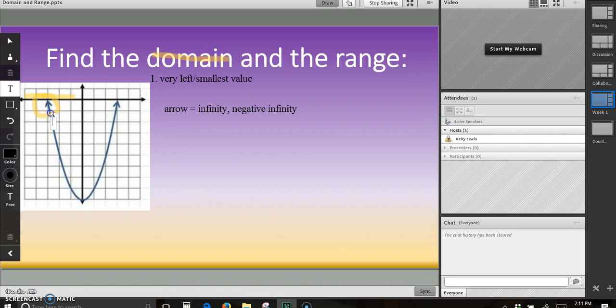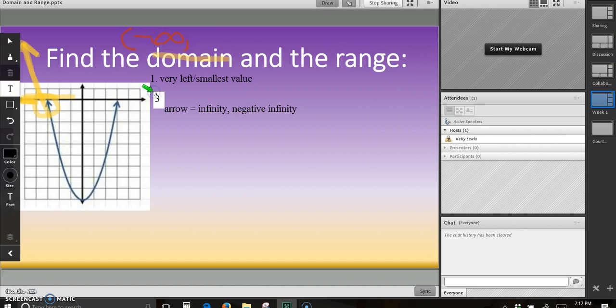In this case, this guy keeps going this way, and the x's themselves keep getting more and more negative. I know this arrow keeps going up, and so the y's get bigger, but the x's themselves keep going more negative. All right, so the domain starts at negative infinity because there's an arrow. And anytime you have infinity, there's a parenthesis, whether it's negative or positive infinity.